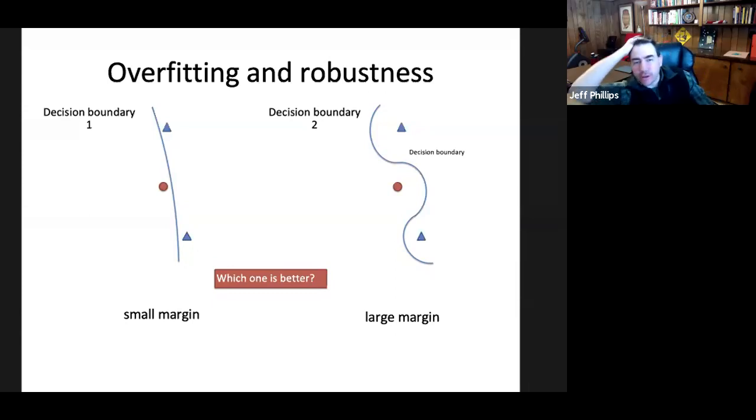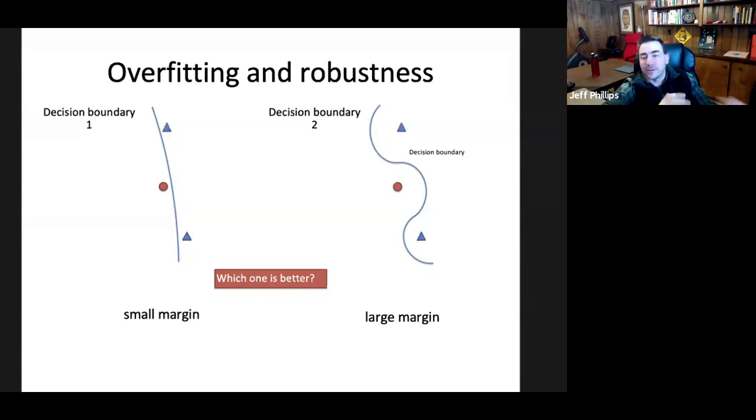Can I ask a question? It is not clear to me that the decision boundary on the right is better. The margin is bigger, but it can be arbitrarily more complex, right?